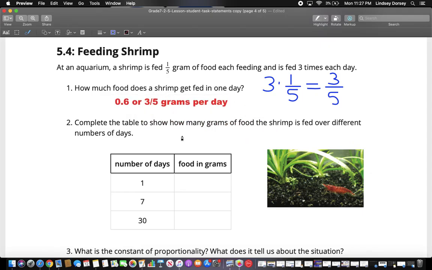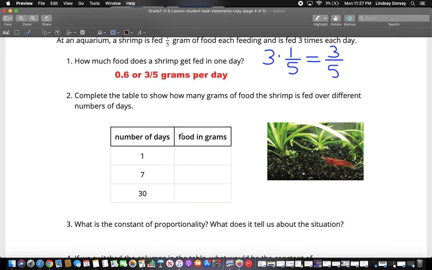Okay, so now it wants you to complete the table to figure out how many grams of food the shrimp is fed over a different number of days. So we've already determined that in 1 day, the shrimp is fed 3/5 of a gram or 0.6 grams. So for 7 days, how much food is that shrimp fed?